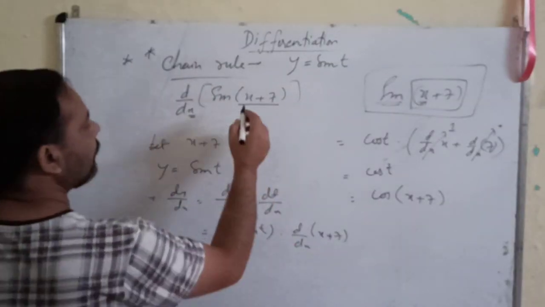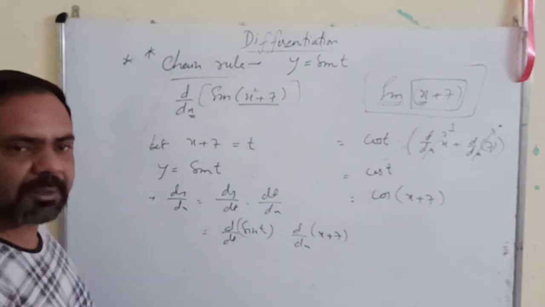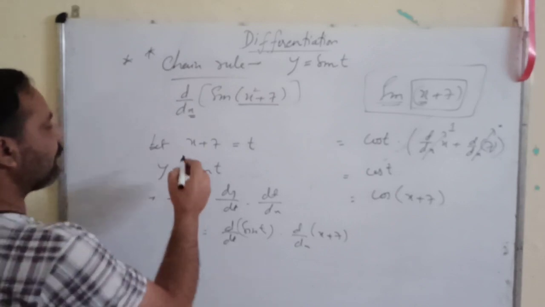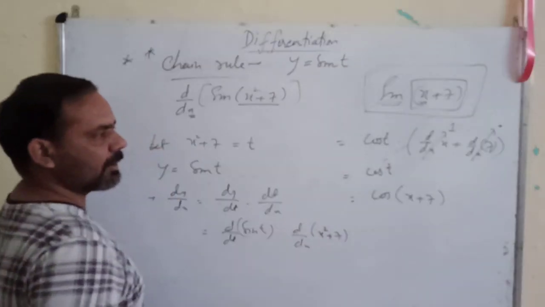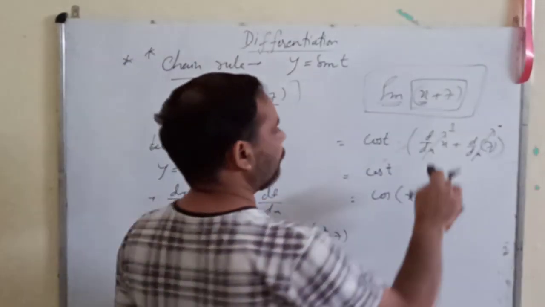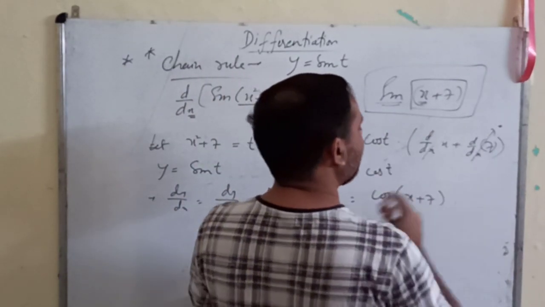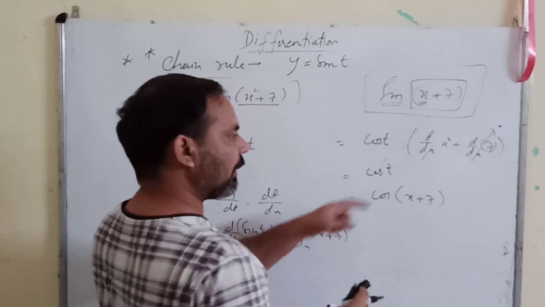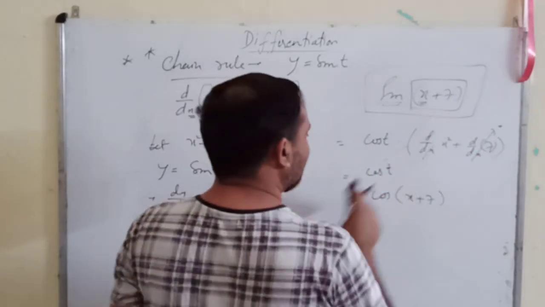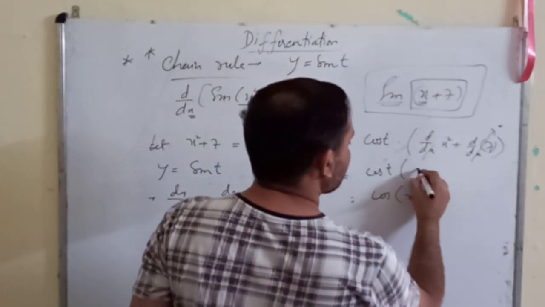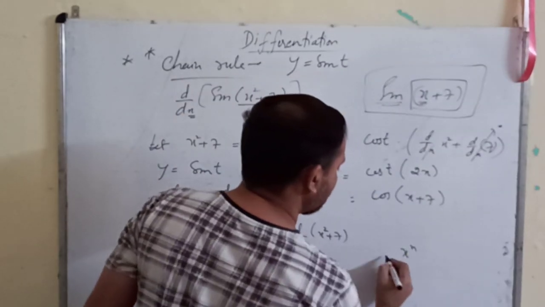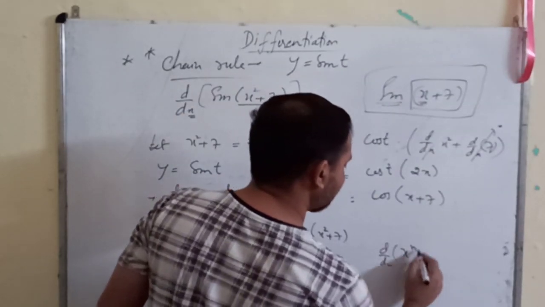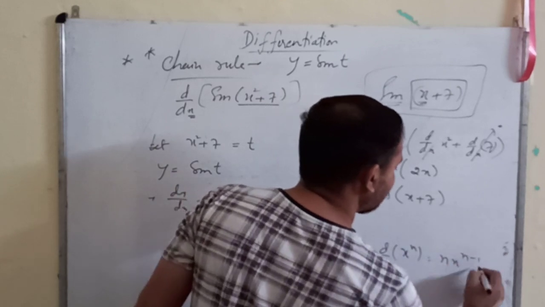Now if it would have been like this, sine of x square plus 7, then you would have taken this as t. Now this value will not become 1, rather it will become d by dx of x square, and 7 will be 0. Here d by dx of x square will be 2x using the formula d by dx of x raised power n is n x raised power n minus 1.